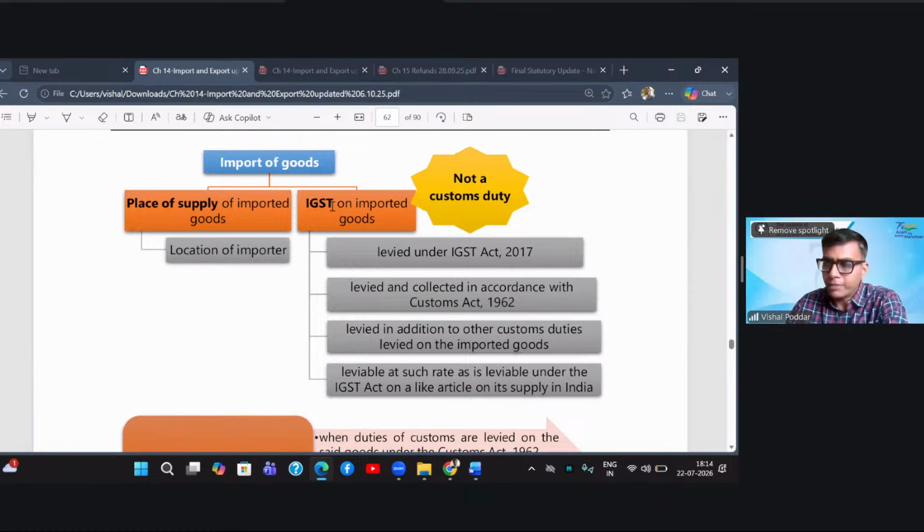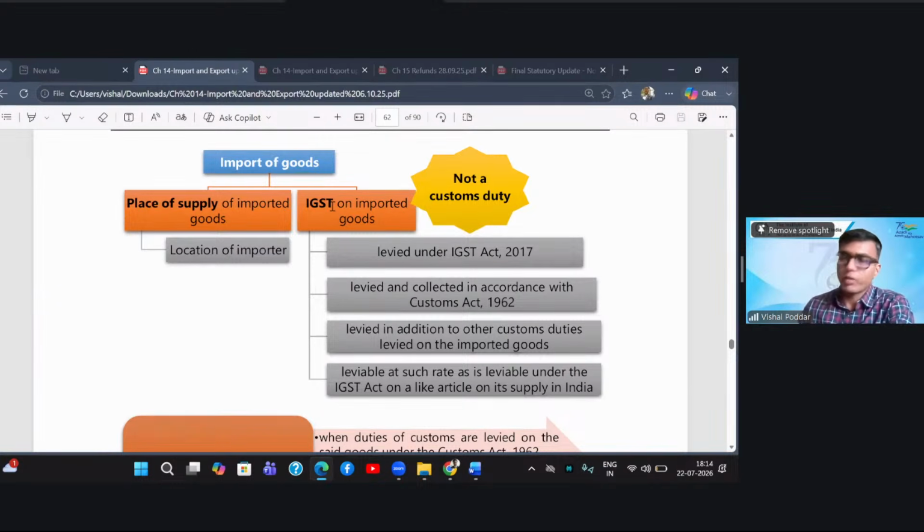So in order that there is a single window recovery of all taxes at the time of import, which includes the basic customs duty, the customs cess, the additional customs duty, the protective duties, and IGST at one place, it is easy for the importer, plus it is easy for the government to administer and check whether or not correct duties are paid.